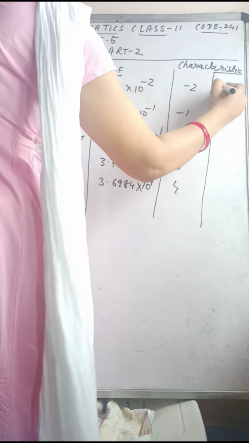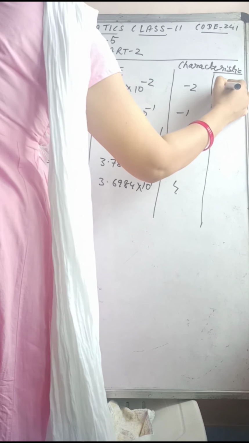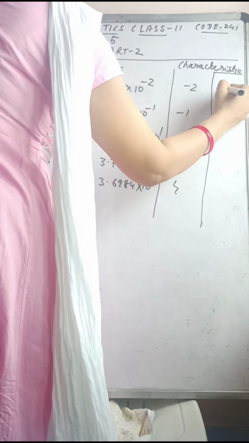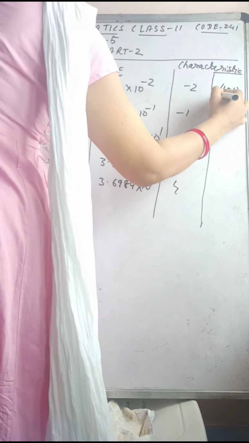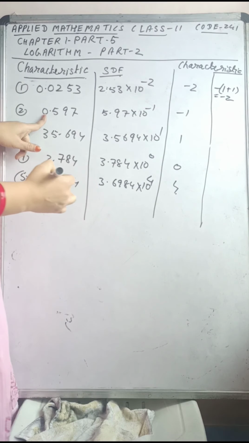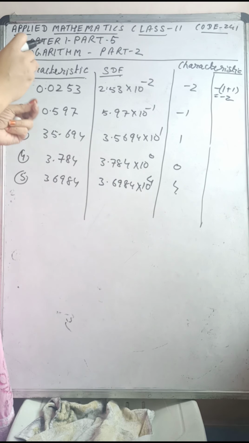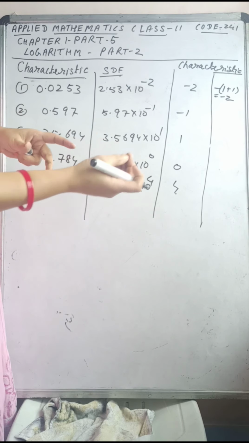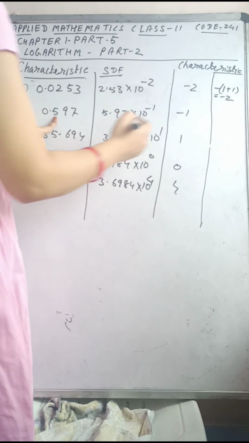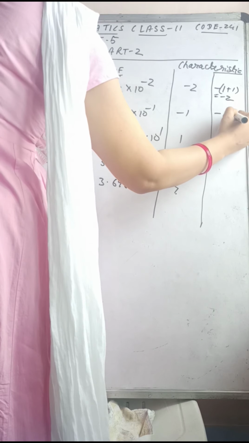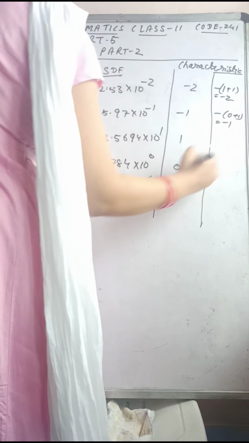So minus of 1, minus of 1, or if I write minus outside, then 1 plus 1, so this will be equal to minus 2. Over here there are no zeros, I mean the number of zeros between the decimal and the first non-zero digit is 0. So here I will write minus of 0 plus 1, that is minus 1.